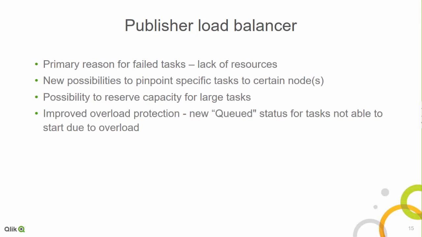And there's been much improved overload protection. There is now a queued status for tasks that are not able to start due to overload, which is fantastic. We're hoping that these features are going to improve the stability significantly of most publisher clusters. So that's definitely something to look into if you're having problems with that.